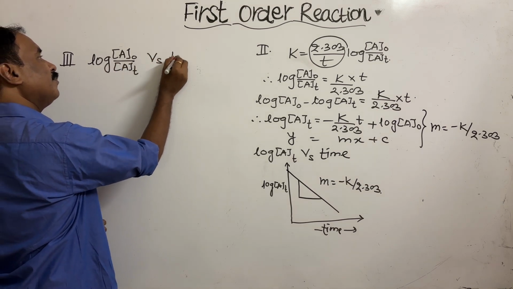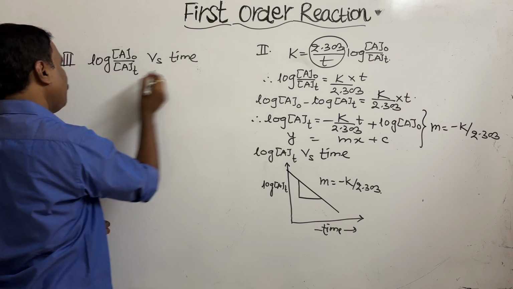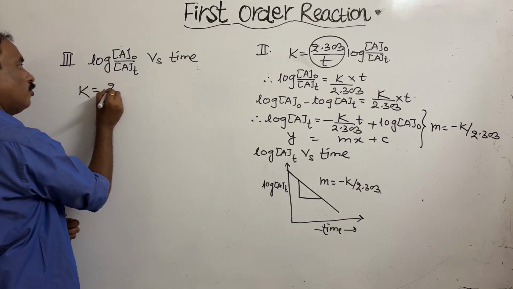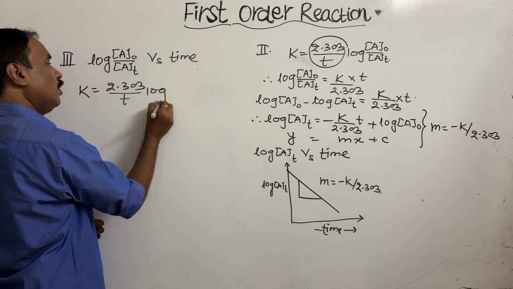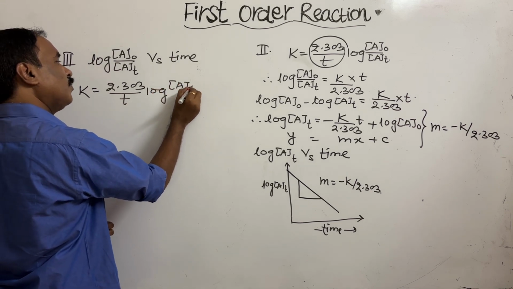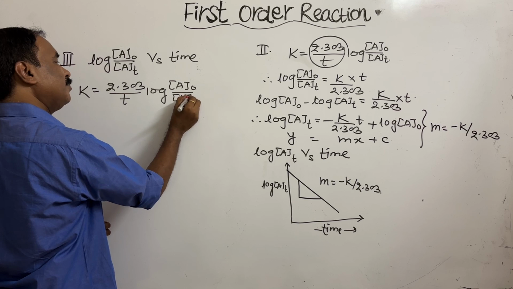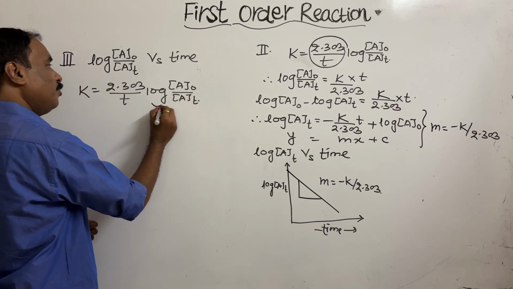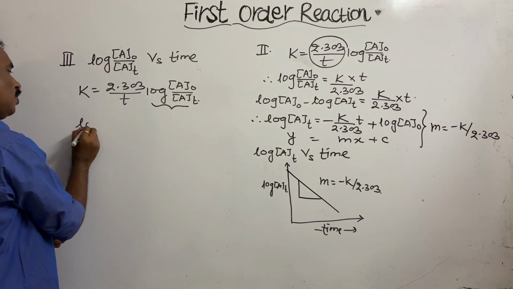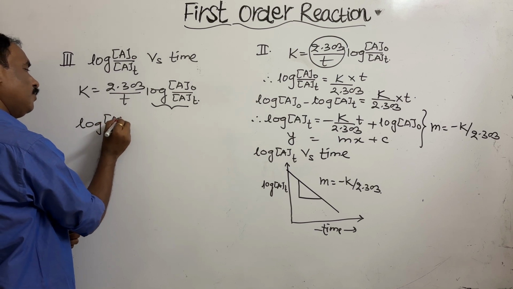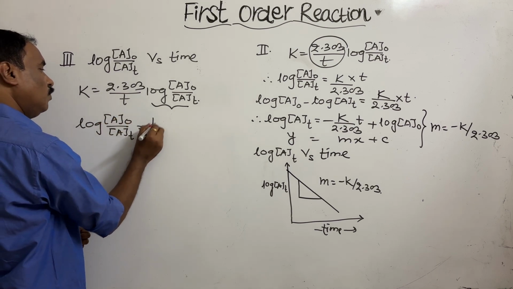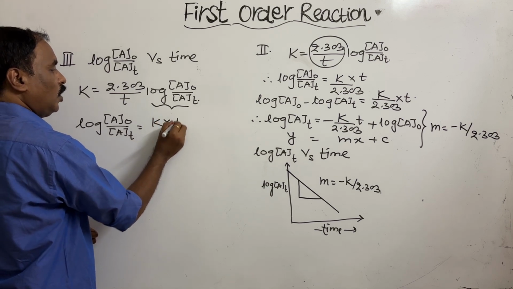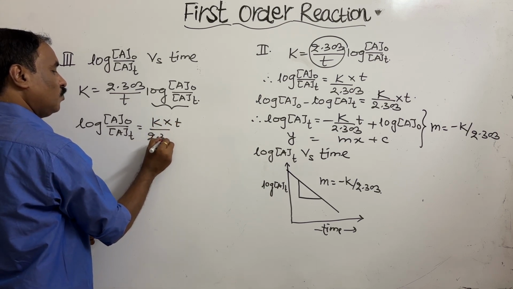Third graph, I will plot third graph, log of A0 upon AT versus time. Again, take the same equation, K is equal to 2.303 upon T log of A0 upon AT. So I will keep this term to one side, that is log of A0 upon AT is equal to K into T upon 2.303.